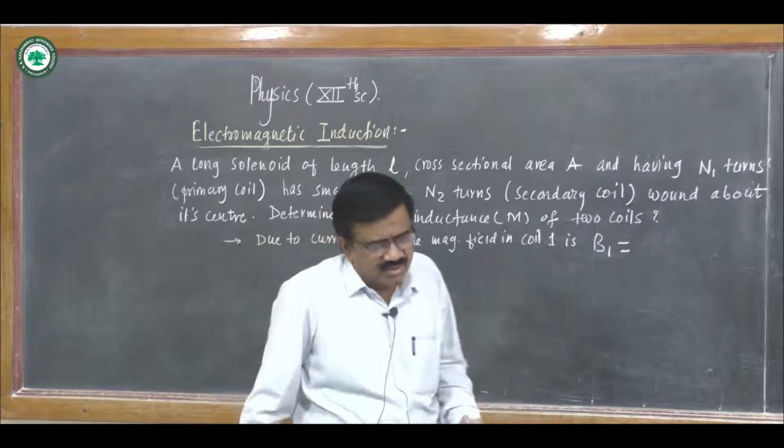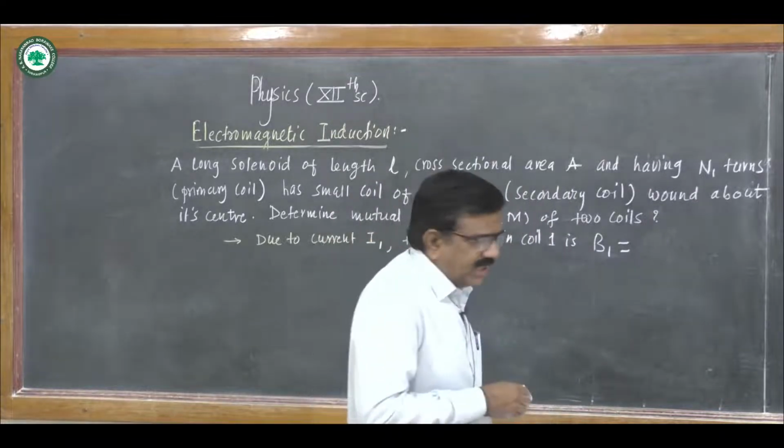Suppose the magnetic field in the first coil is B1, and that is mu 0 n1 I1.